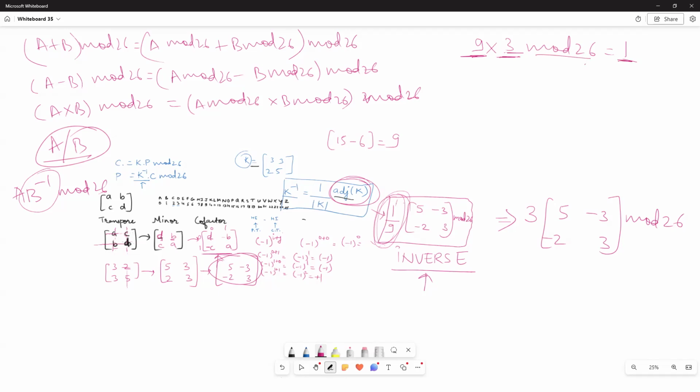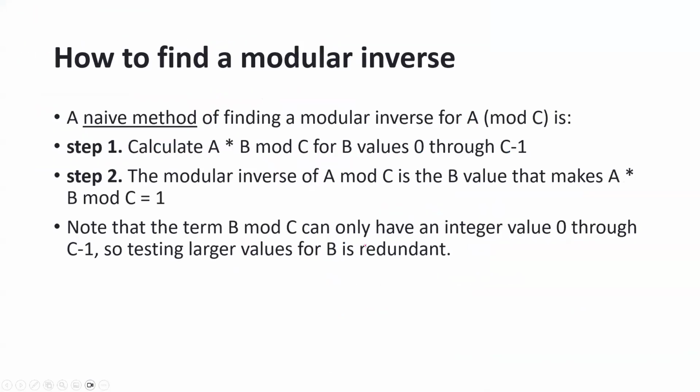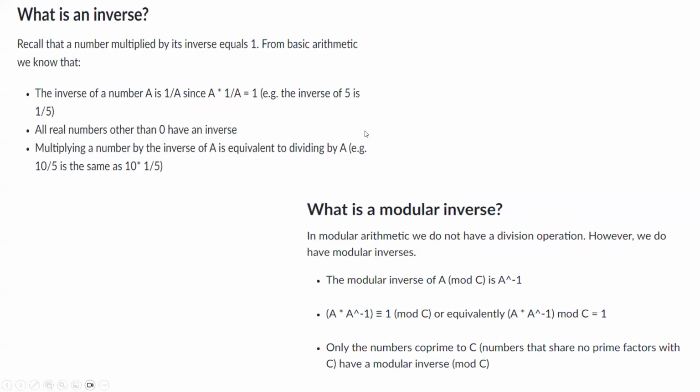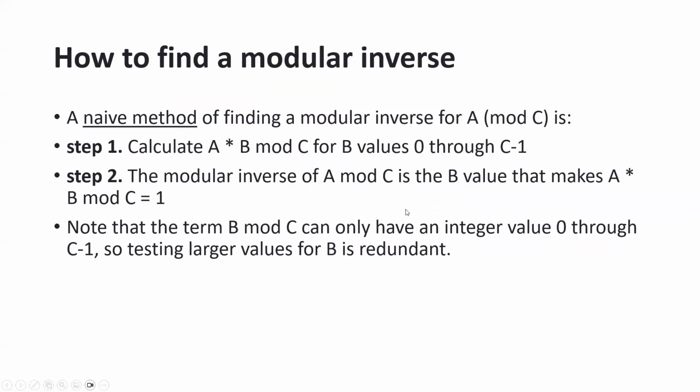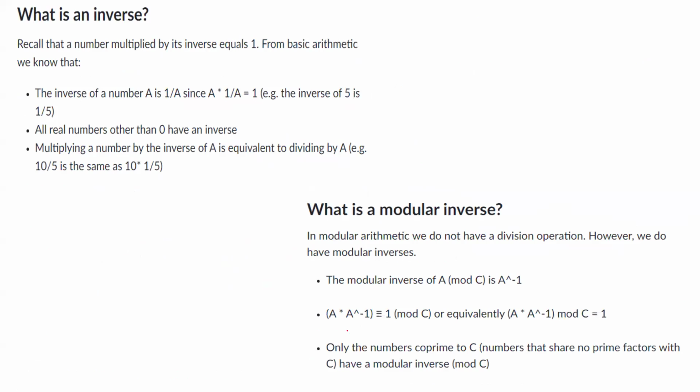Let me show, I think I might be having the slide as well. If you remember this part that we covered, modular inverse, in one of the previous slide decks: how do you calculate the modular inverse? Modular inverse is A times A inverse is congruent to 1 mod C, which means A times A inverse mod C should give you the value 1.